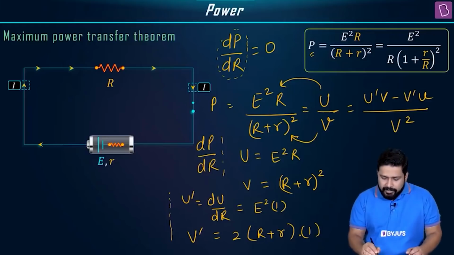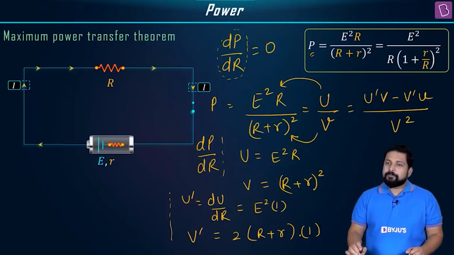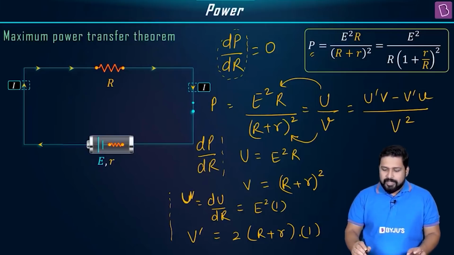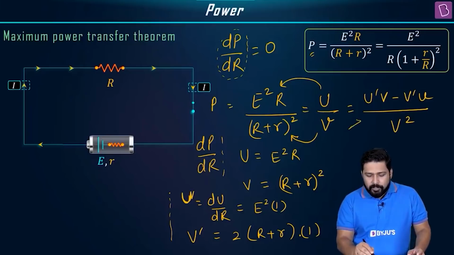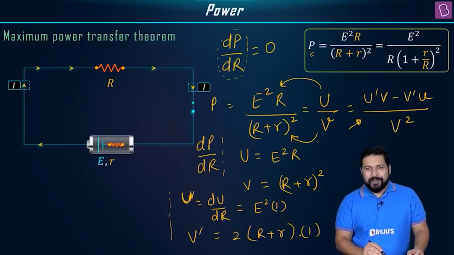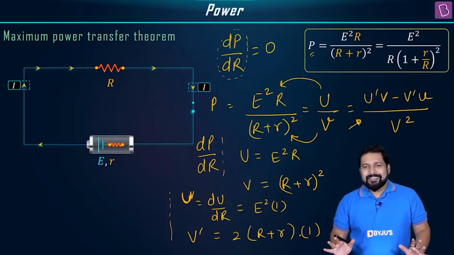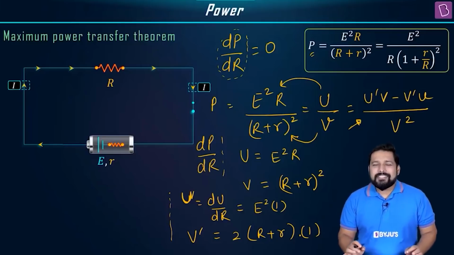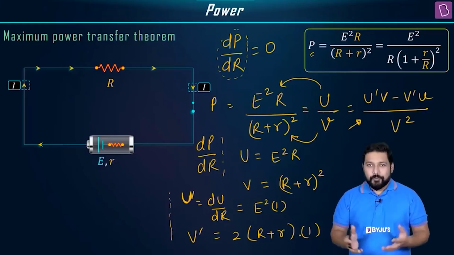Easy. Now you have got u dash and v dash. If I substitute in this formula, I'm going to get dP by dr. Are you following this? Some simple basic differentiation. At least this much of differentiation you must know.